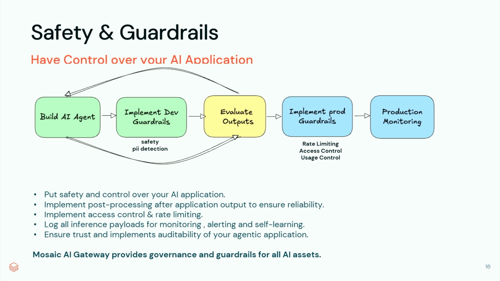Whether those are dev guardrails like safety, toxicity, bias, PII detection, or production guardrails, where it is saying I have the correct rate limit, I have the usage tracking, so that if something goes wrong, I have all the mechanisms to prevent it, or if it happens, I know how to backtrack it. And it's completely up to you whether you combine all of these guardrails into one or split them out. But there has to be some sort of guardrail mechanism present when you are building and planning this type of application.